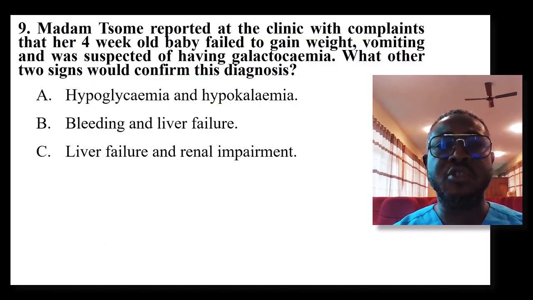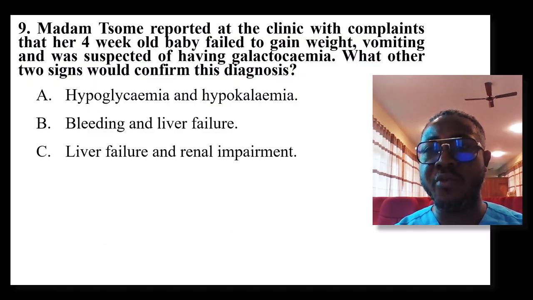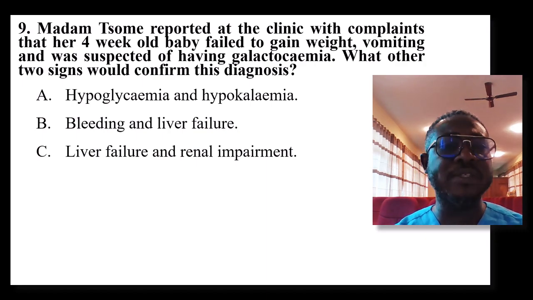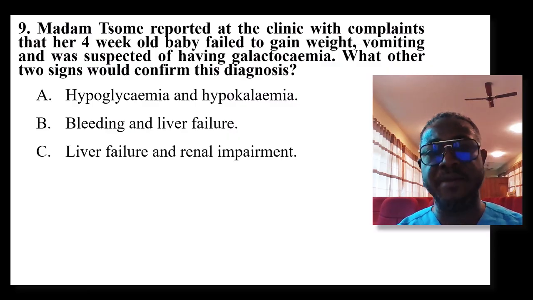We said Madam Chome reported at the clinic with complaints that her 4-week-old failed to gain weight, failure to thrive, right? Vomiting, and was suspected of having galactosemia. What other two signs would confirm this diagnosis? A. Hypoglycemia and hypokalemia.